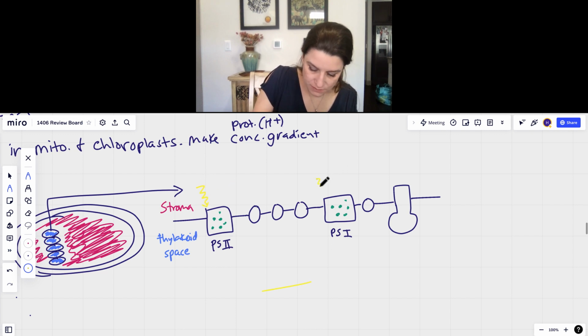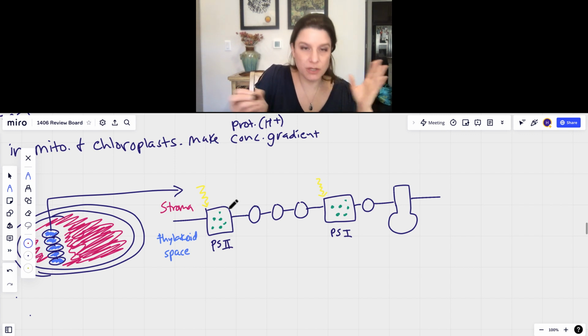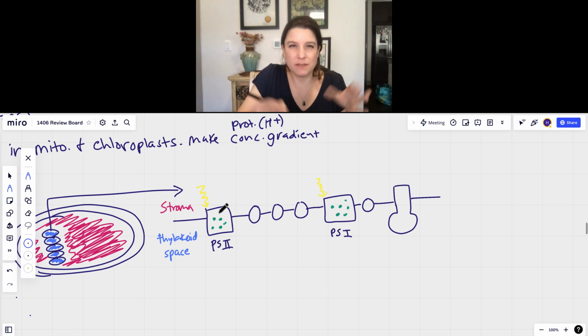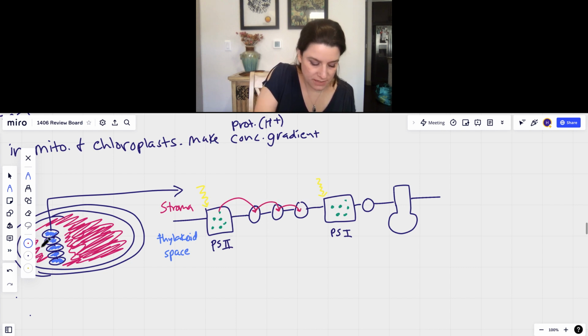So light is going to come into both photosystems. And that energy gets captured and it bounces electrons out of their orbital, bounces electrons around until they're captured and basically passed to the electron transport chain. This passing is going to release energy. That energy is now used to pump hydrogen ions across the membrane, or protons across the membrane.